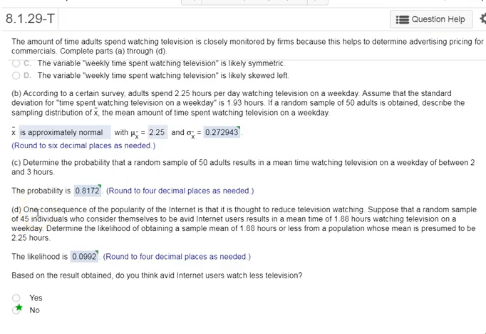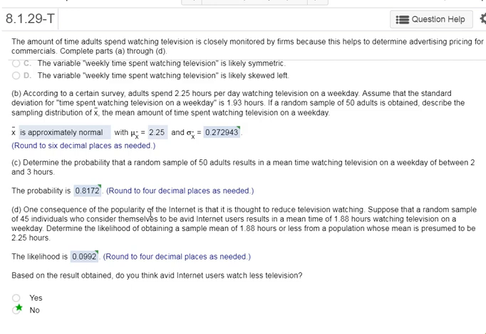Part D is a look into how we can use the central limit theorem and sampling distributions to make inferences and find out more information about populations. So the gist of this problem is that when we consider everybody, the average amount of television watched is 2.25 hours. And the assumption is out there that people who use the internet a lot might be watching less television.